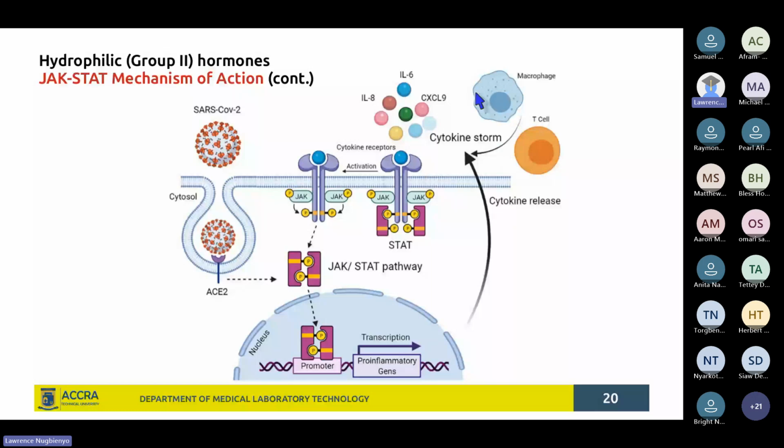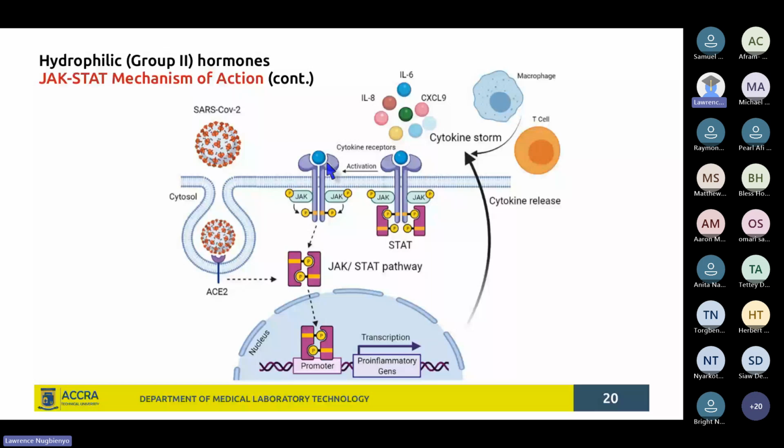And you also see that the cytokine binds onto the receptor on the surface of the cell. This is an example of an autocrine signaling that we saw. So cytokine release from the cell, and that cytokine comes to bind on the receptor. And when it binds on the receptor, it causes activation of that receptor.